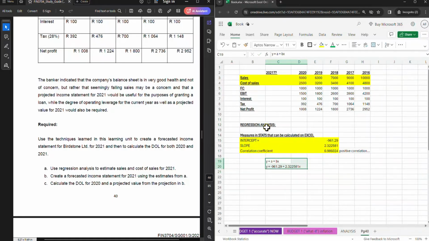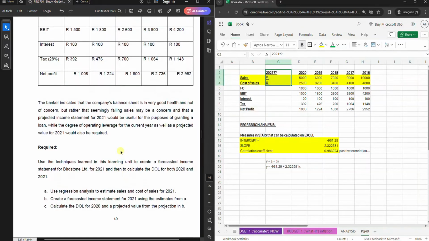is that. So if we are predicting, okay, cost of sales, right, we're forecasting the income statement for 2021 using the estimates from A. Okay, so if we're looking at this, all right, we're forecasting our sales, which is Y. Okay, we need X. Okay, X is the cost of sales for 2021.